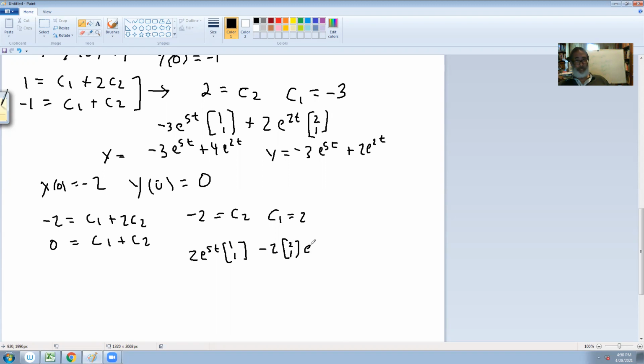I'll just write this on the other side. It doesn't really matter. Or x is equal to 2e to the 5t minus 4e to the 2t, and y is equal to 2e to the 5t minus 2e to the 2t. Okay?